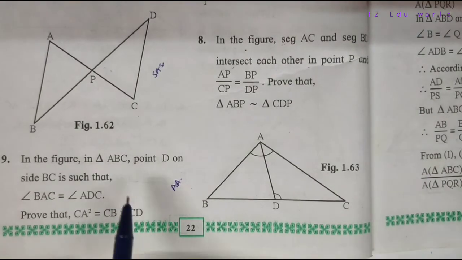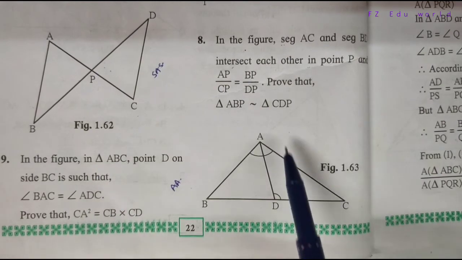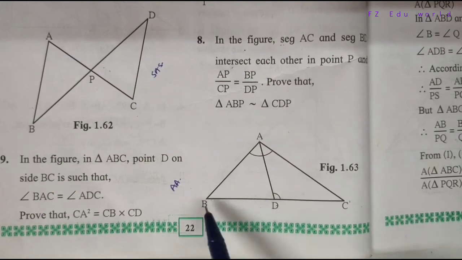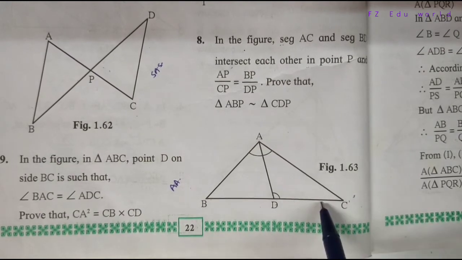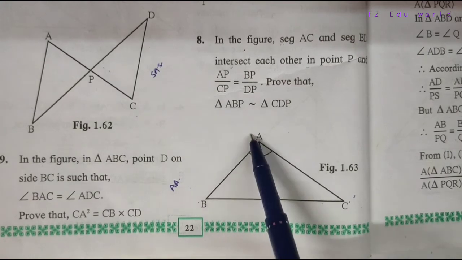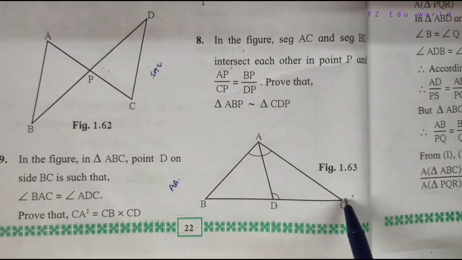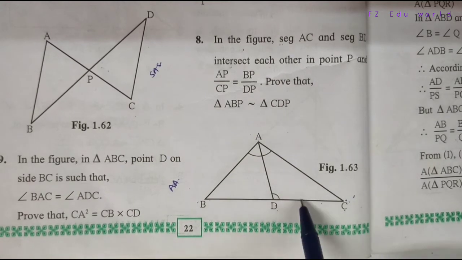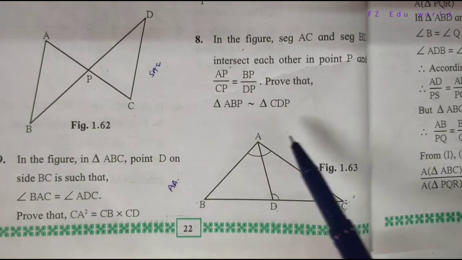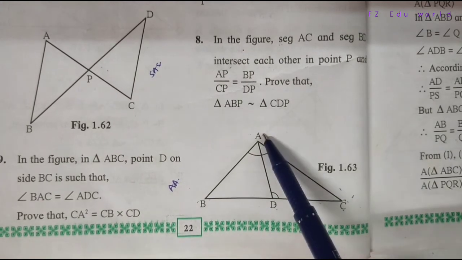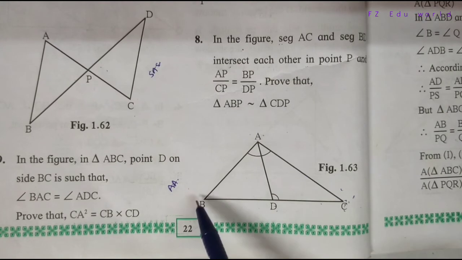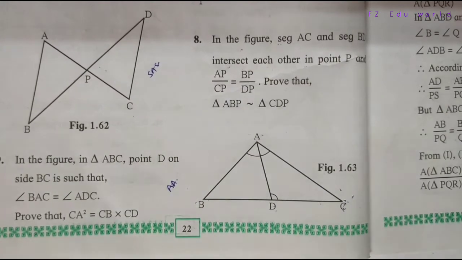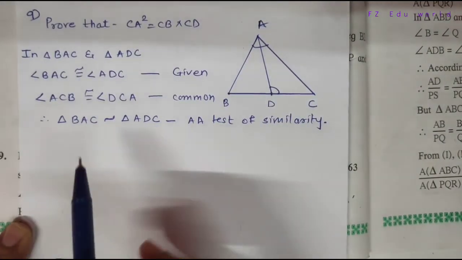In 9th question, this is triangle ABC and D is on side BC such that angle BAC is congruent to angle ADC. It's given to us and we have to prove that CA square is equal to CB into CD. We will write like this.